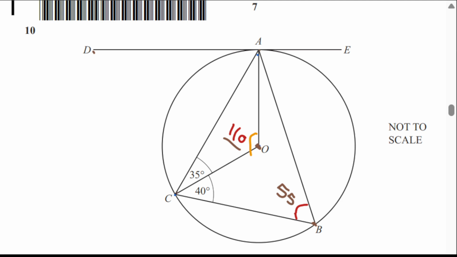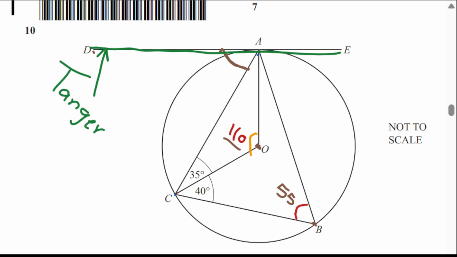Got it. Now angle DAC. Oh, this one here. Nice, very good. Now, in the question, they said DE is a tangent. When they say it's a tangent, they said that for a reason. What's the reason? They want you to remember the tangent makes 90 degrees with the radius. So that means this angle here is 90 degrees.